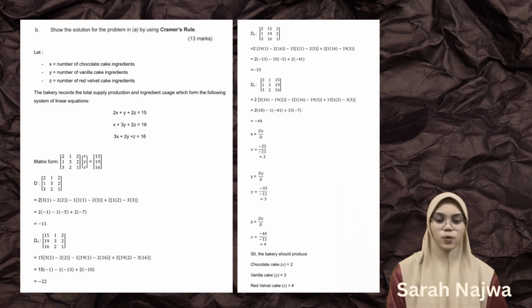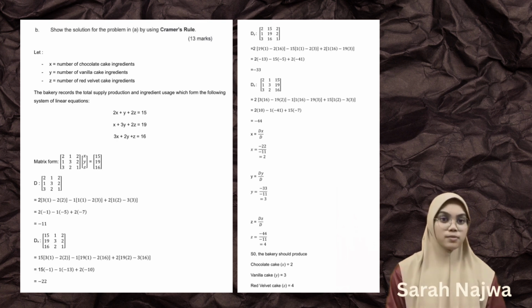Next, we write the equations in matrix form: 2, 1, 2, 1, 3, 2, 3, 2, 1 multiplied by x, y, z is equal to 15, 19, 16.